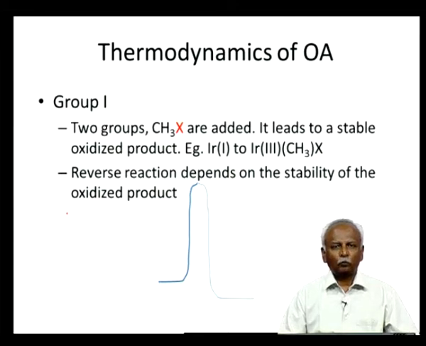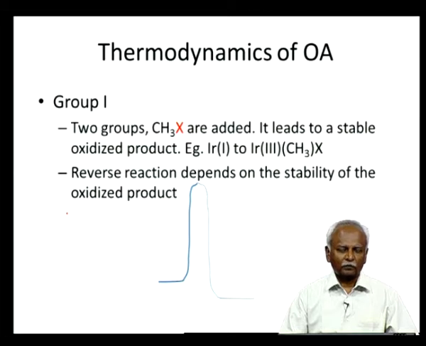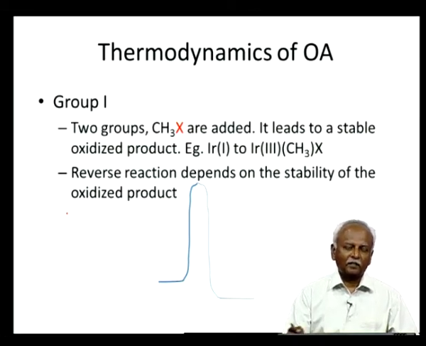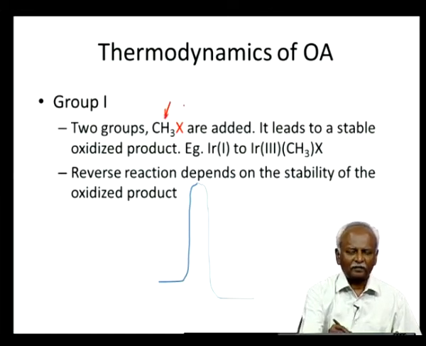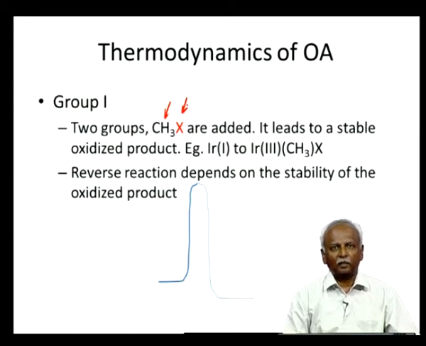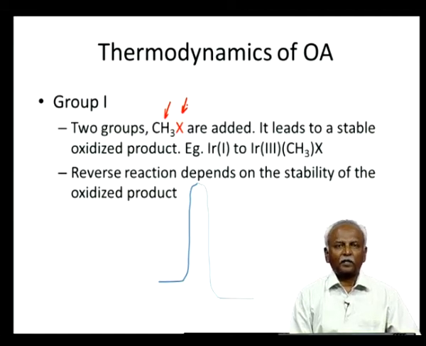If you consider the 3 groups where oxidative addition happened, in group 1 you had the addition of 2 groups, say CH3X, labeled in 2 different colors to tell you that these are the 2 fragments which are going to be added to the metal, CH3 and X. If one takes the example of iridium 1, it invariably ends up in an increase in the coordination number by 2 and also in the oxidation state change of plus 2. So, the reverse reaction depends on the stability of the oxidized product.